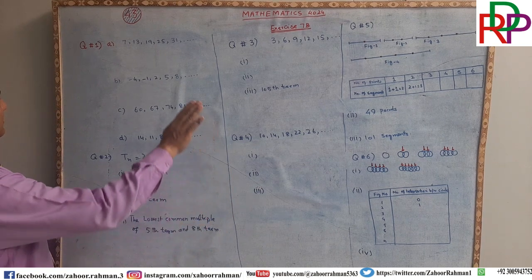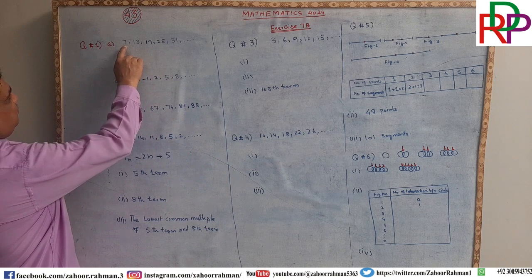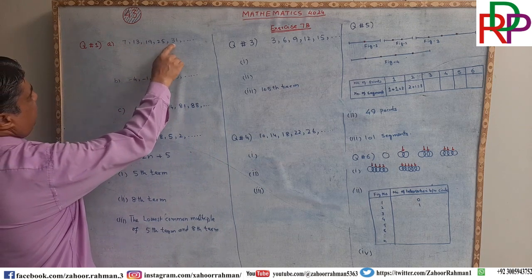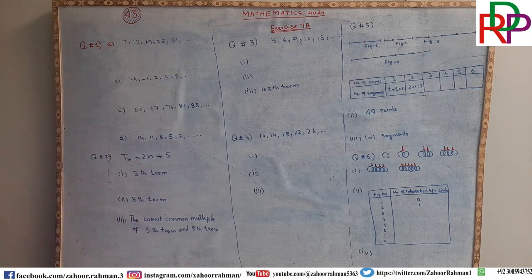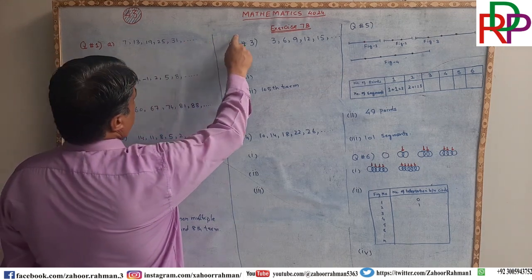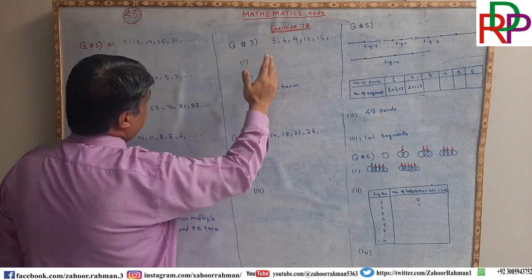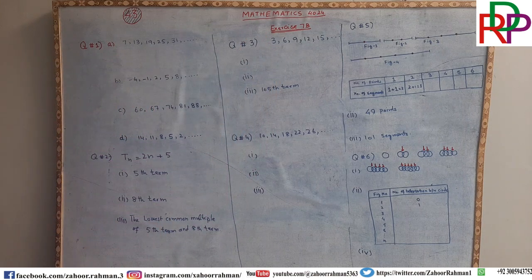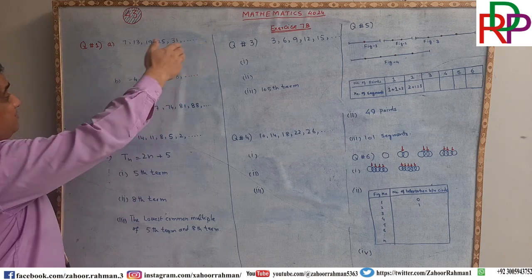Remember, ladies and gentlemen, they have given us 1, 2, 3, 4, 5 terms. But what if we want to find the 110th term directly? Or the 1536th term.